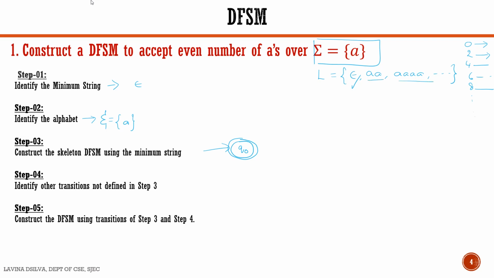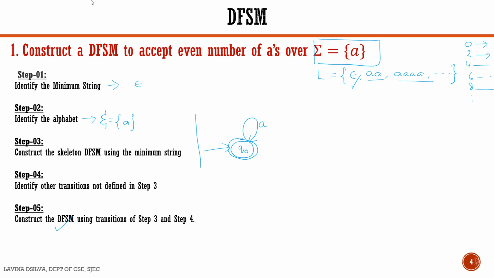And when we try to complete the construction of the DFSM using the transitions which we identified in steps 3 and 4, we know that in case it is 2 A's, we probably can use the DFSM on the state Q0. If it sees an A, you can remain in Q0 itself. But what happens in this scenario?